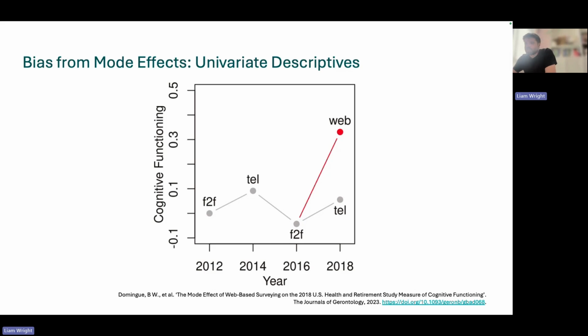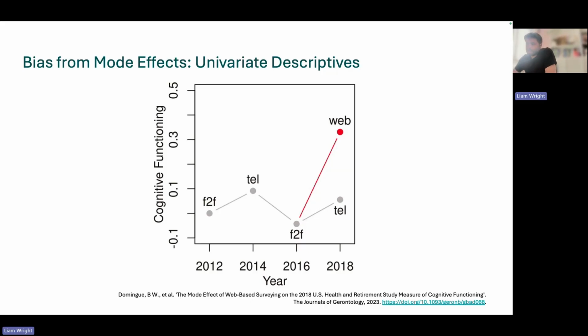But actually, what you see on screen is that because different modes are used, between some time points, the scores on cognitive functioning actually increase. So for instance, in the telephone versus the face-to-face mode, you have higher cognitive scores, even though telephone came after face-to-face mode, and particularly in web versus face-to-face mode, you get higher cognitive functioning scores.